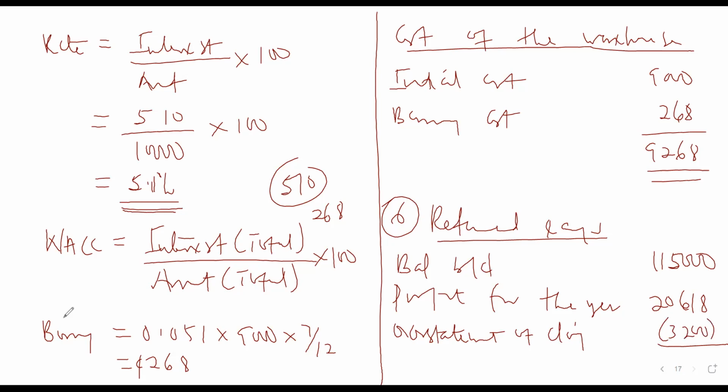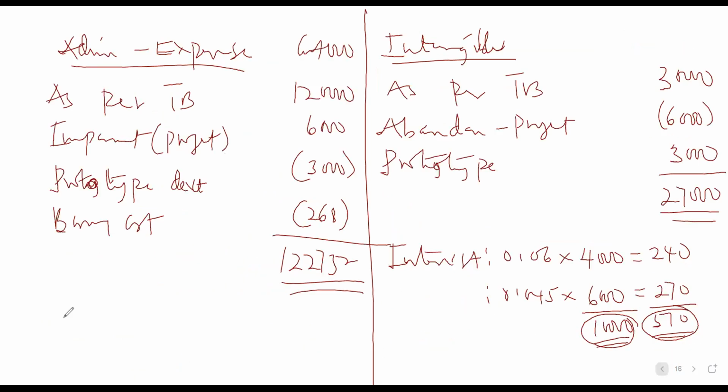Okay. So let's do that. I'm having 115 plus 20,618 minus 3,200. I hope you are okay with the 3,200. So that means last year's profit was overstated, and last year's profit is in the opening retained earnings. So we go and adjust it.